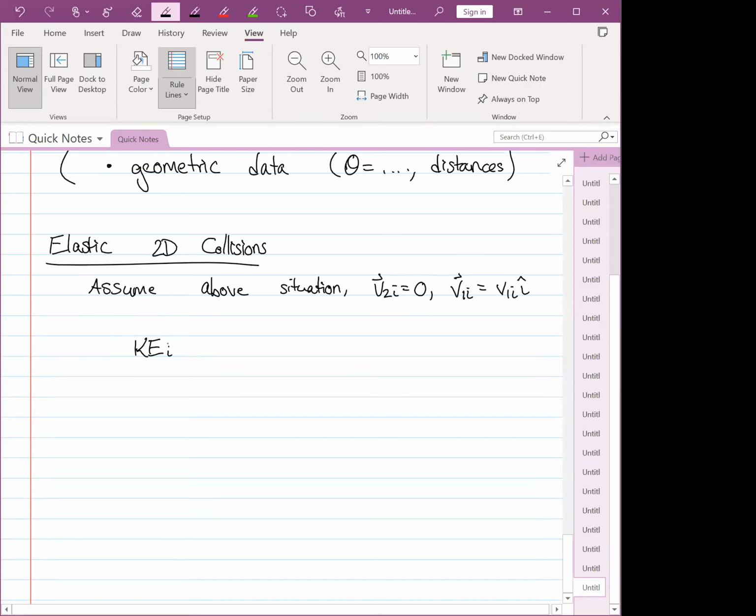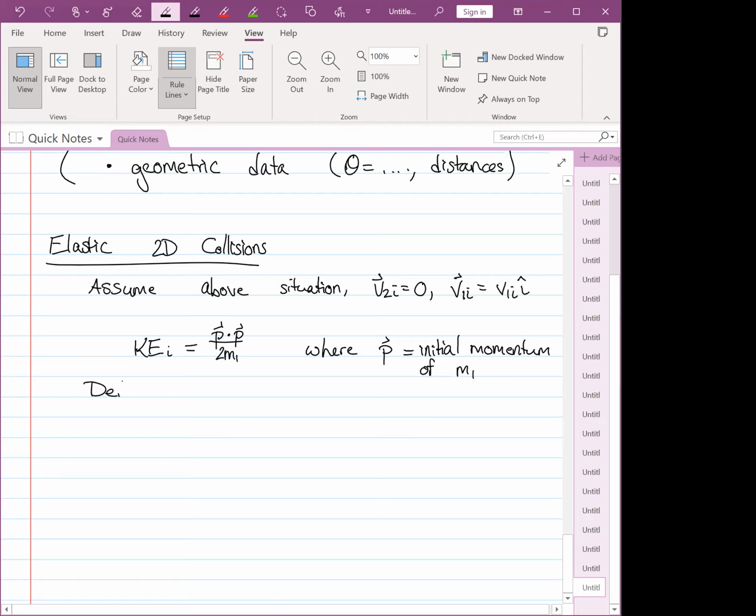Remember that we had a formula for kinetic energy in terms of momentum: p squared divided by 2m. That still holds here, but because we're talking about vectors, p squared means the dot product of p with itself, divided by twice the mass of the ball that has that momentum. Here, p without any subscripts is the initial momentum of m1. That's the initial kinetic energy, because m2 doesn't have any momentum.